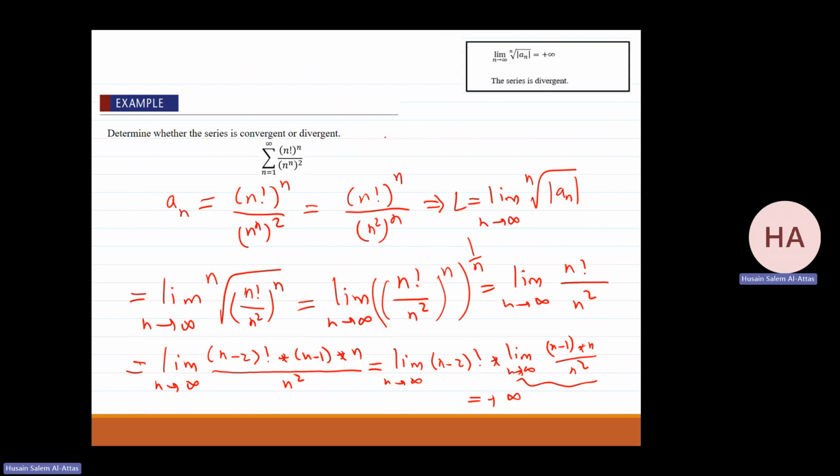So that means this series diverges. Okay, I think this is very clear. What will be L?